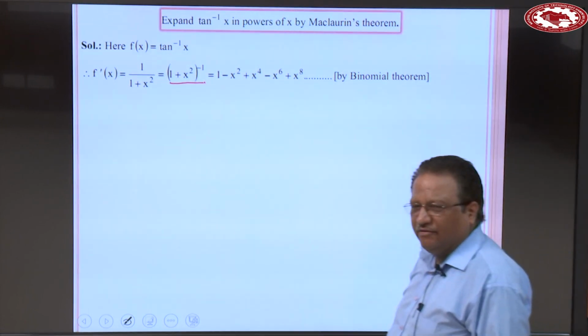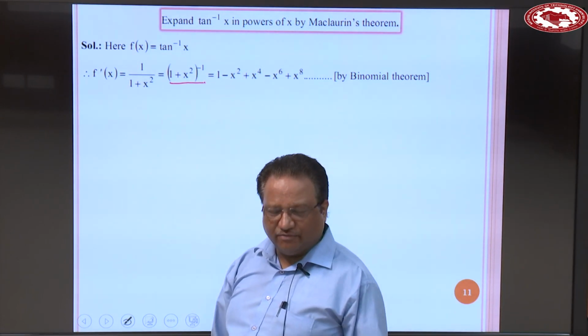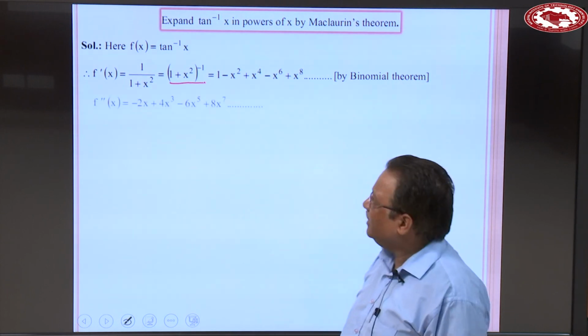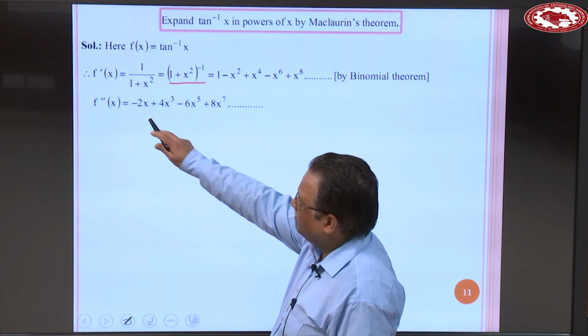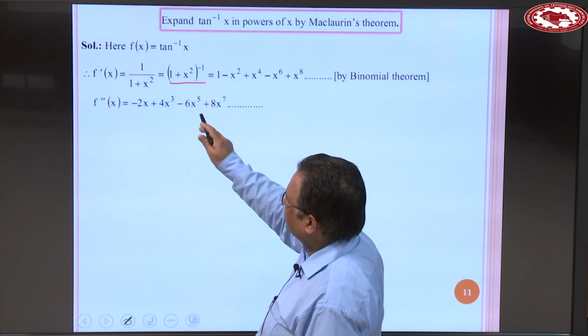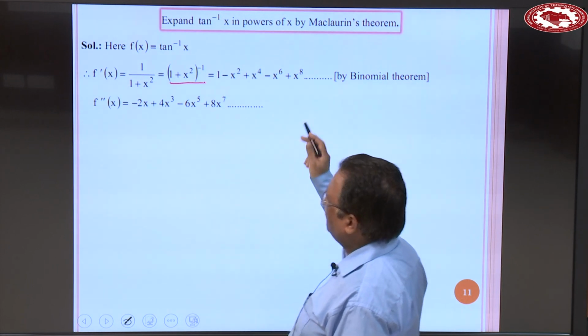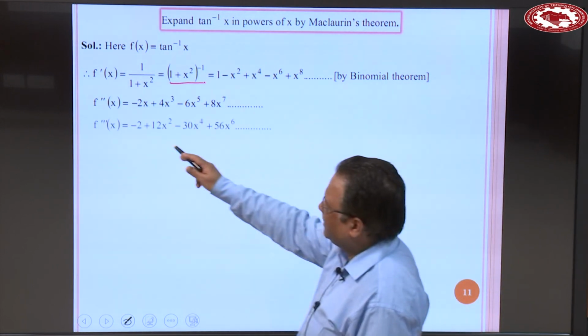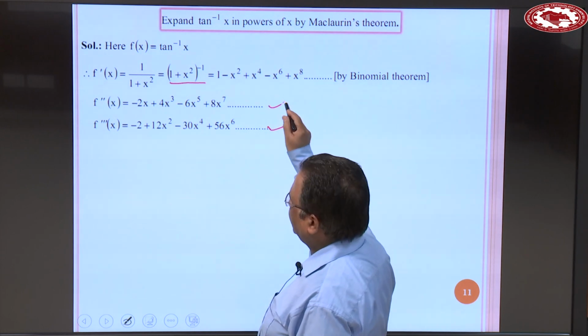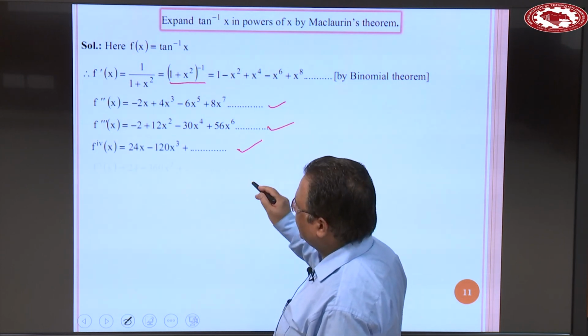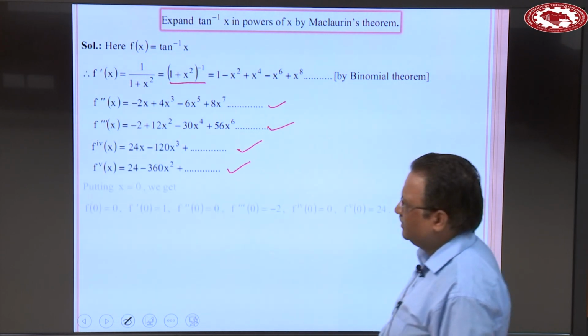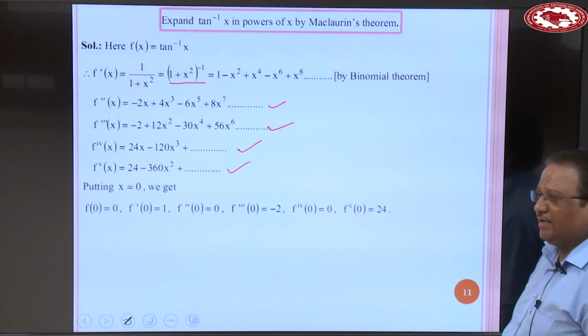Now you can evaluate the next derivatives in a very simple way. f double dash x is minus 2x plus 4x cube minus 6x5 plus 8x7 minus and so on. Next derivative this one, next derivative this one. Very simple.